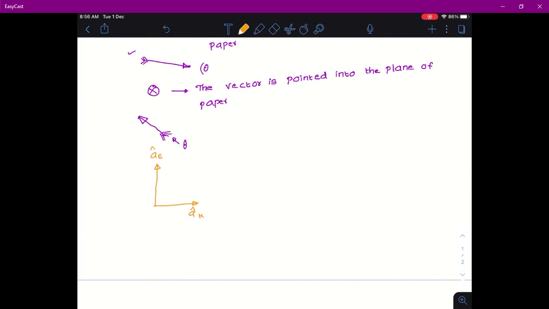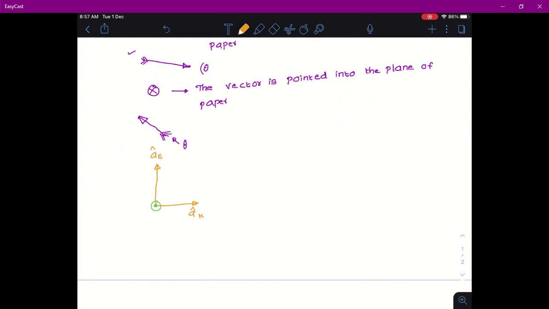Now when you take your right hand and you curl your finger from E to K, the direction of the thumb gives you the direction of a_H. So you can see that the direction of a_H will be towards you. Okay, here I don't have a video to show you, but in the class I'll try to show this. So you curl your finger from a_k to a_E, not the other way.